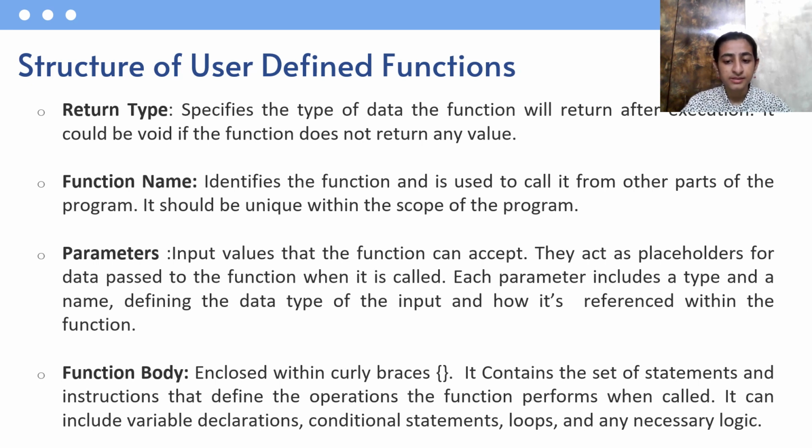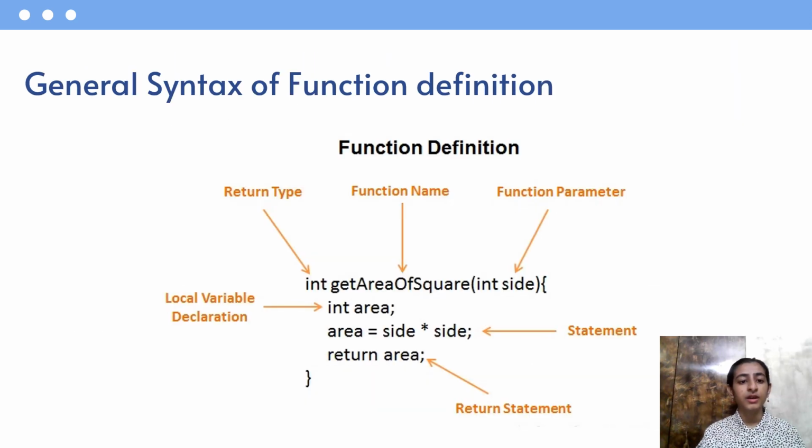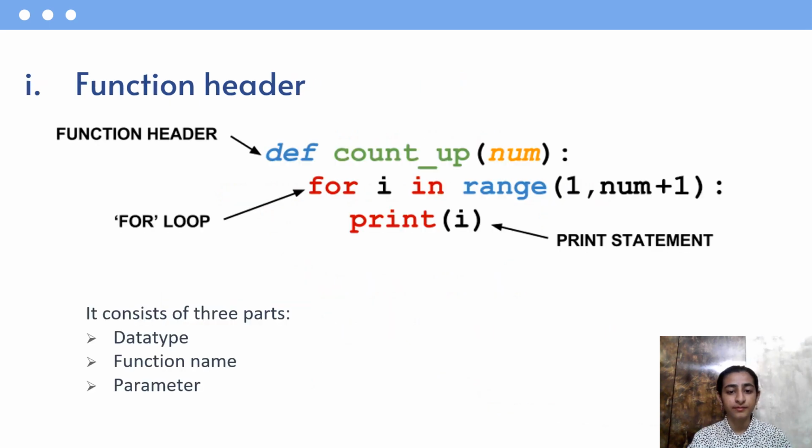It contains the set of instructions that define the operation the function performs, including variable declarations, conditional statements, and loops if needed. Here we have the general syntax of function definition, which consists of return type, function name, function parameter, statement, return statement, and local variable declaration.